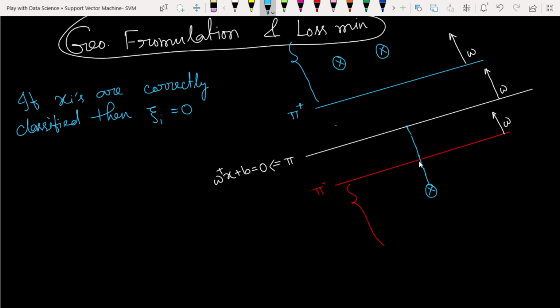What will be the distance of this point from this plane? This distance, if you simply calculate it here for this point.